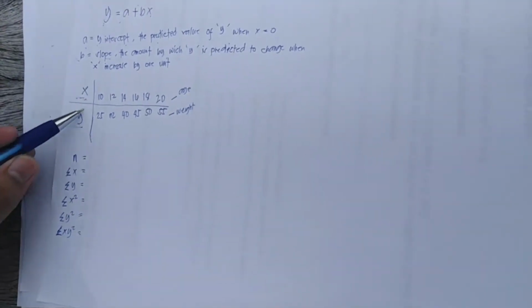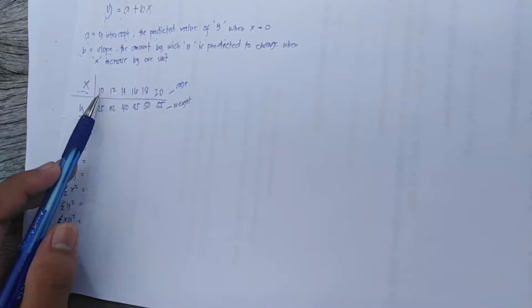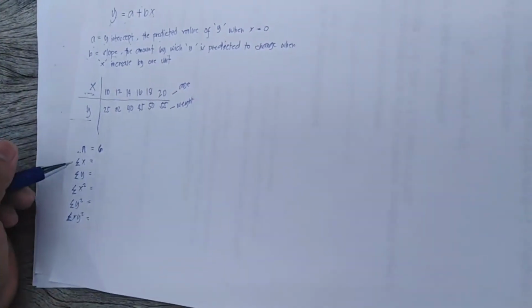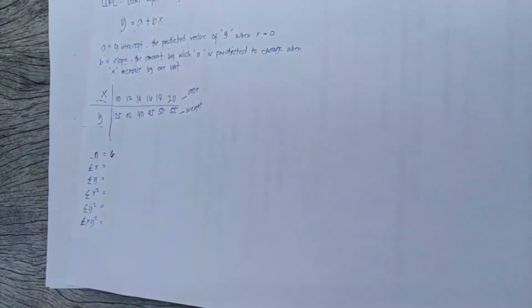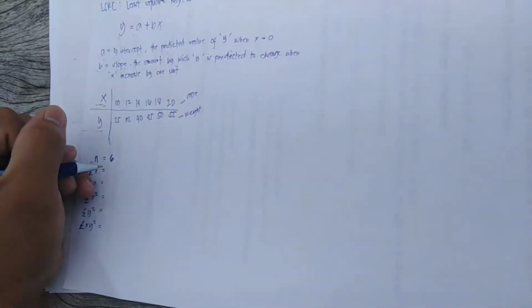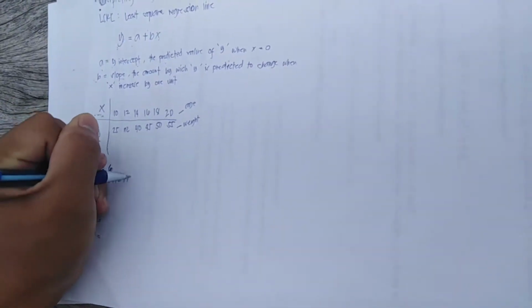So gamitin natin ang n, ito yung kung ilang example ang nakuha natin. Meron tayong 1, 2, 3, 4, 5, 6. So meron tayong 6. At dito naman sa summation of x, ito yung lahat ng ito. I-add lang natin to lahat. Meron tayong 10 plus 12 plus 14 plus 16 plus 18 plus 20 is equal to 90.